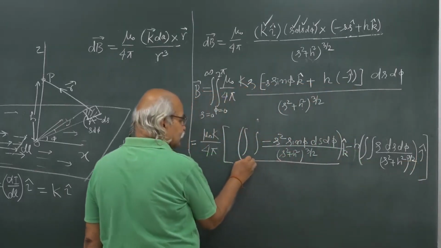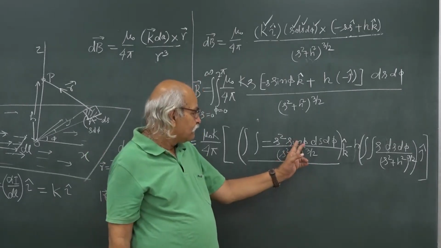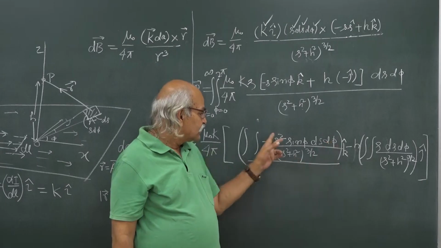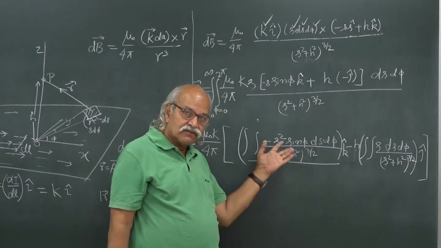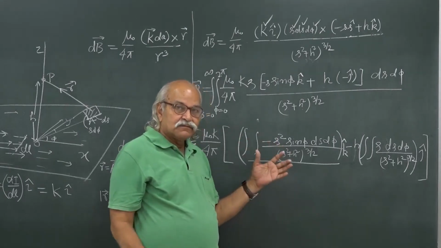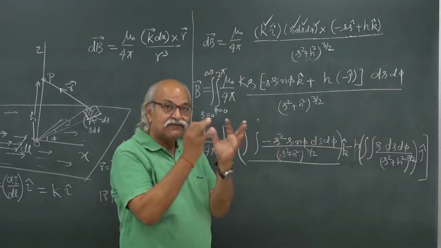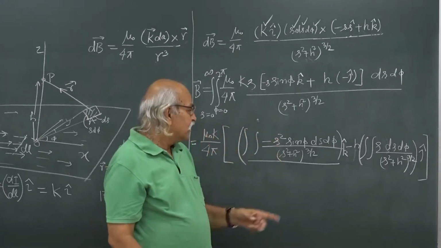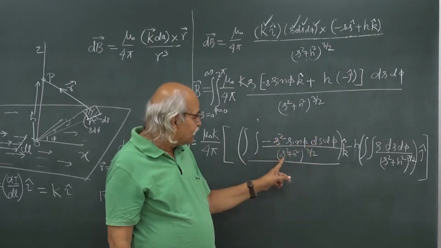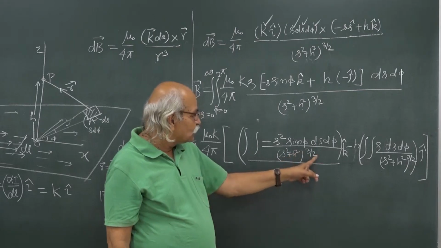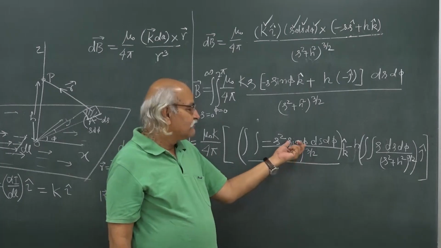Let us first integrate this one. What is this? You have sin phi and d phi, s square and this. It is a function of s and phi, but they are not mixed up. The s part is separate and the phi part is separate, multiplied. The s part is s square divided by s square plus h square to the power 3 by 2, and the phi part is sin phi.